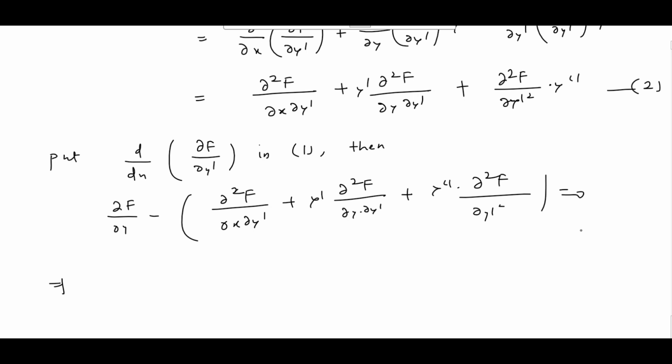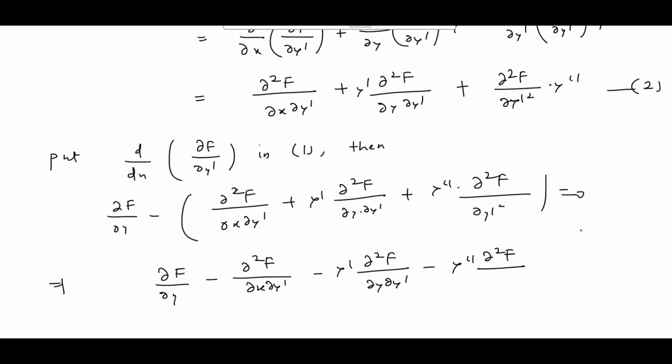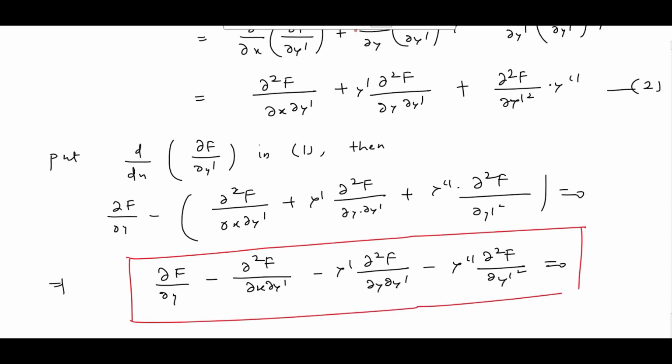So by simplifying we will get del f over del y negative del square f over del x del y dash negative y dash del square f over del y dash negative y double dash del square f over del y dash square is equal to 0. So this is the third form of Euler differential equation, and this is our required final answer.